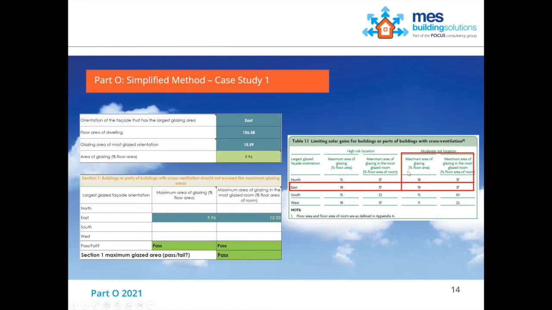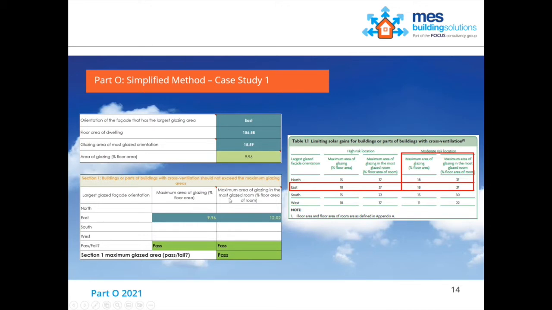And in fact, if we had a bigger site with the same house type, we could flip that house type 180 degrees, face that larger glazed area west, and we would still be below that requirement.